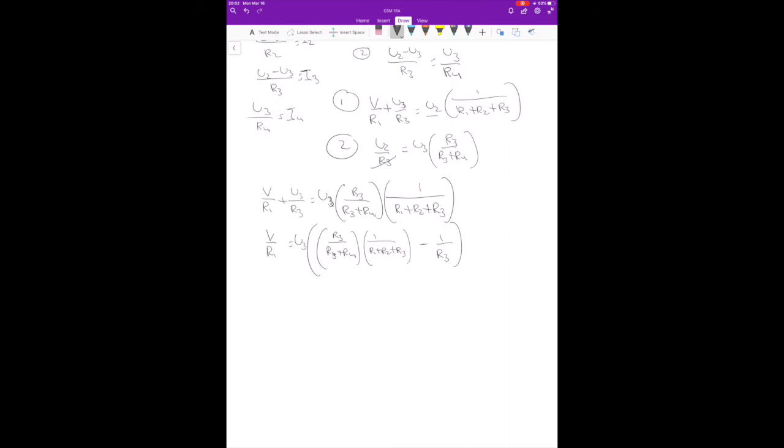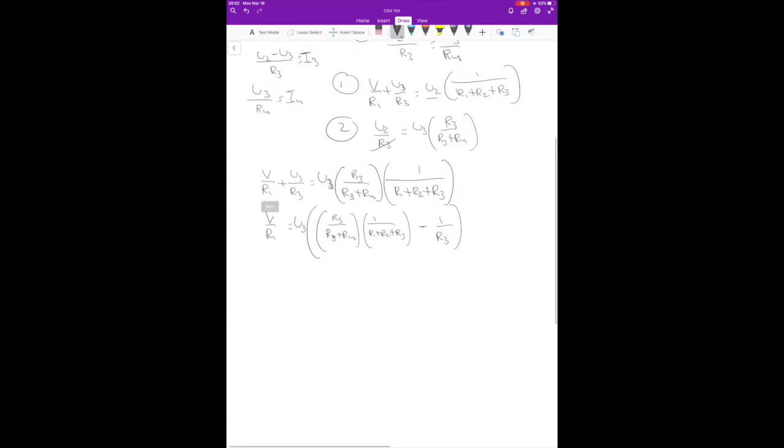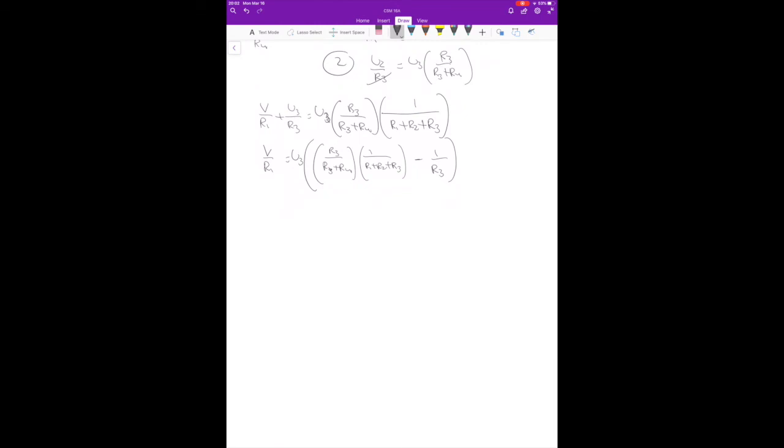Okay, so now we essentially have an expression for u3. Now all we have to do is just multiply. So we can just say u3 is equal to v over r1 times r3 over r3 plus r4.